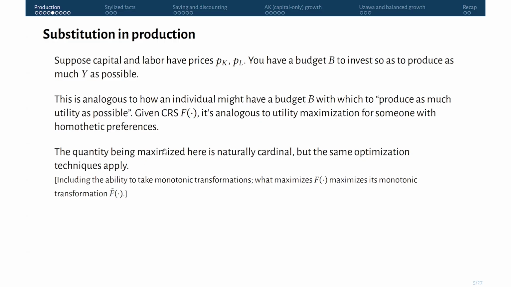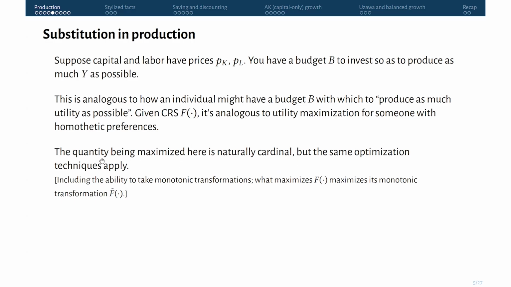Now here, the thing we're maximizing, output, is more naturally, straightforwardly cardinal than utility is, right? If you have double the apples, you can just count the apples. It means something to say that you've got twice as much, in a way that it isn't always so clear that it does when you're talking about utility.